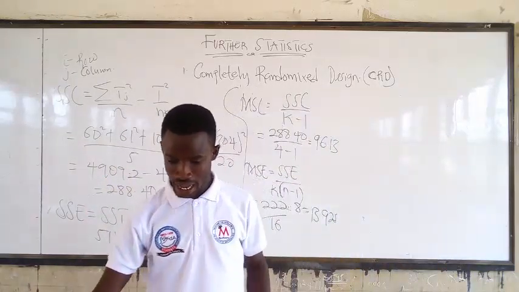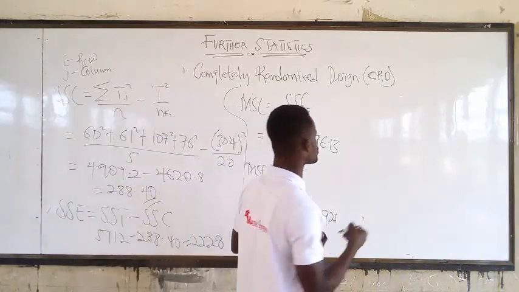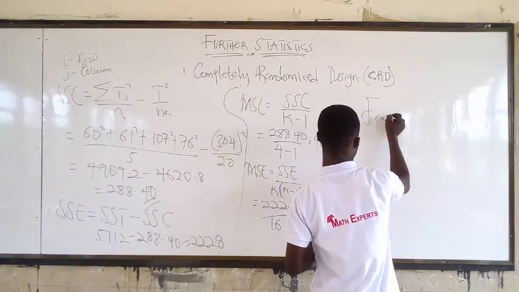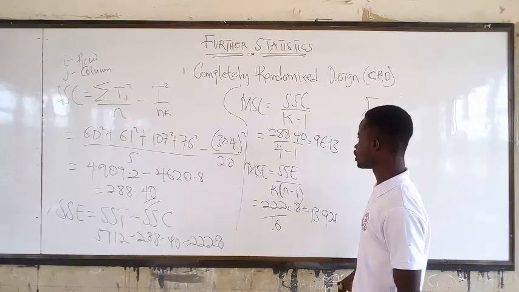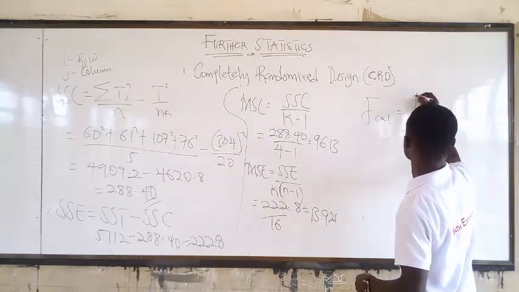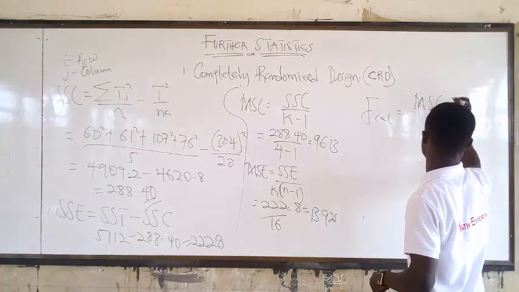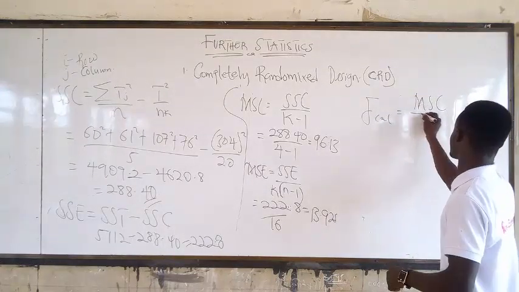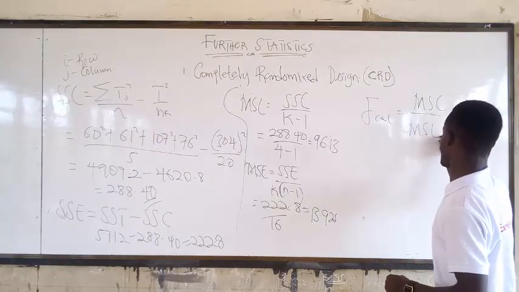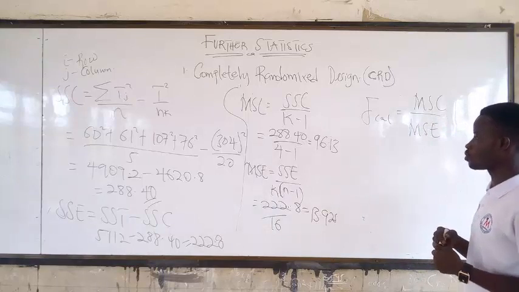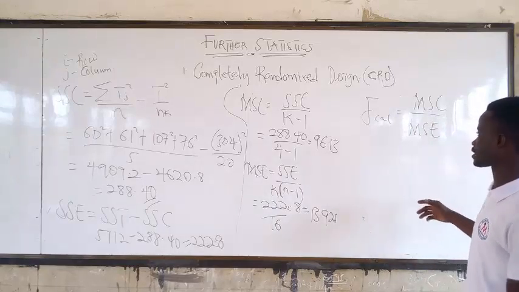Alright, so now let's see how we are going to calculate F. Our F calculated is going to be the mean square column over the mean square error.